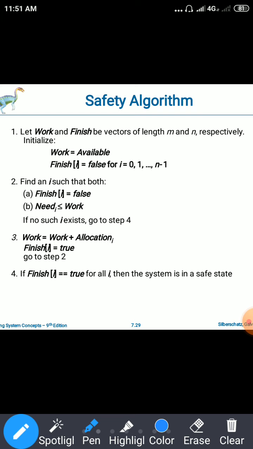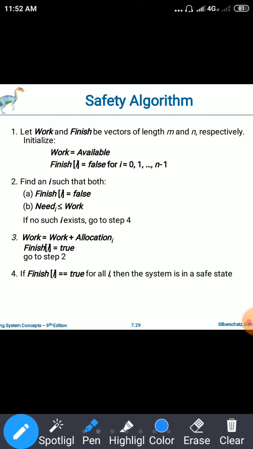Now we are finding an i such that Finish[i] is equal to false, meaning we are selecting a process that has not completed its execution and whose need is less than or equal to the available resources.